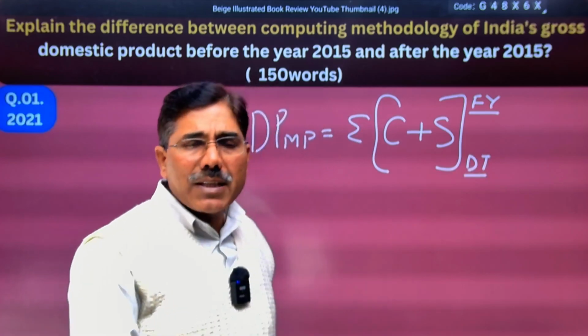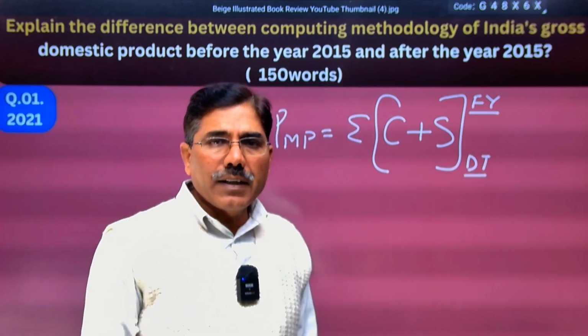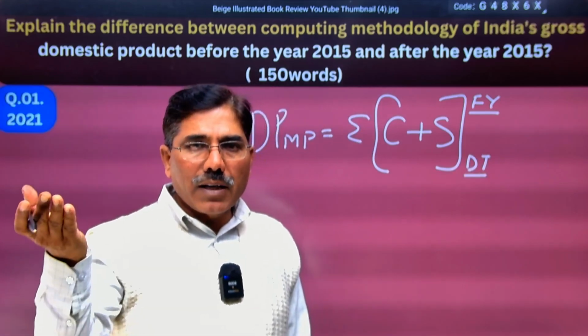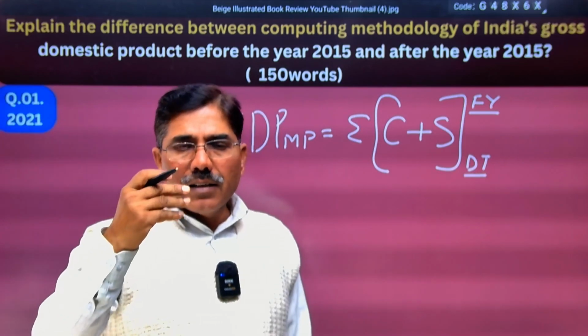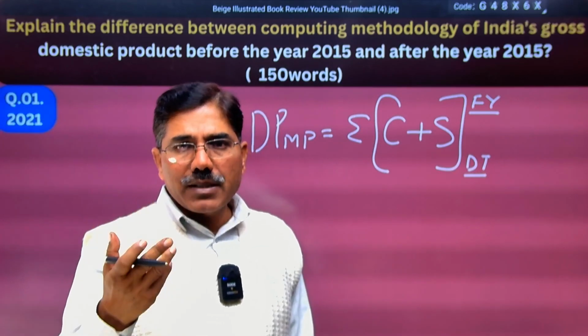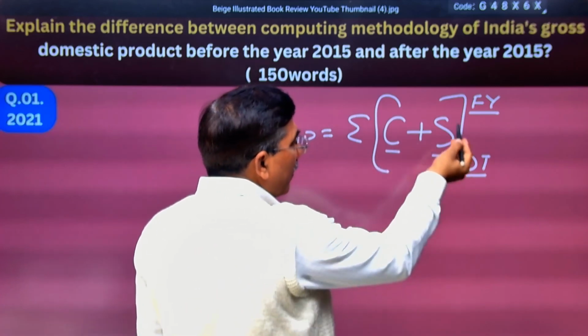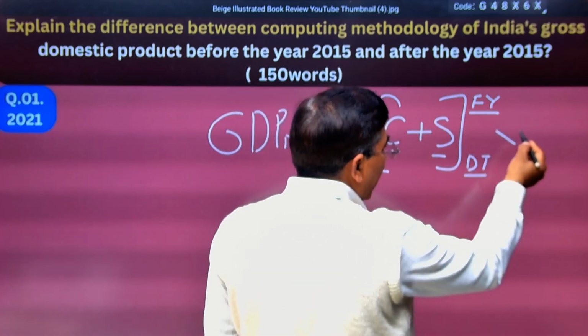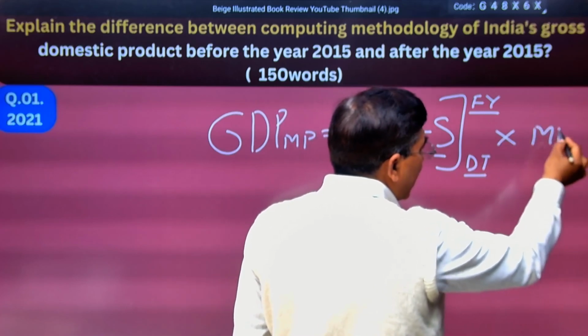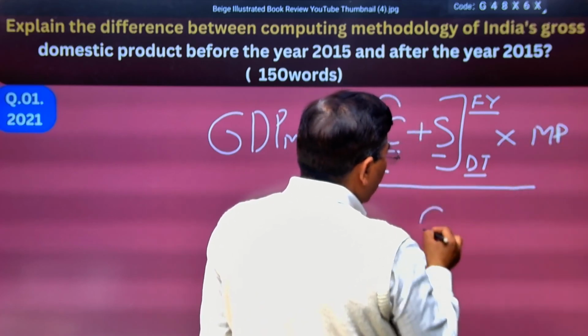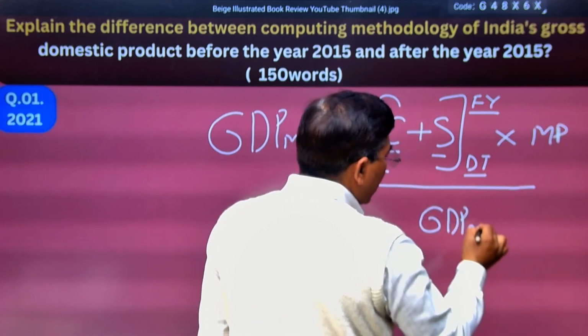What is the meaning of domestic territory? In case of India, from Srinagar to Kanyakumari, Silchar to Porbandar, that is our area of domestic territory. All the final goods and services produced, if calculated at current market price, will be known as GDP at market price.